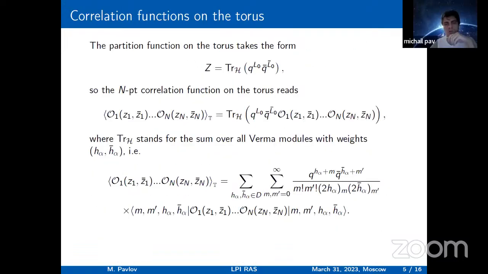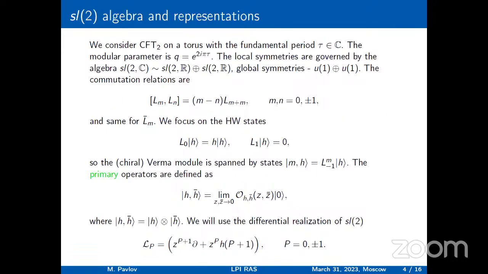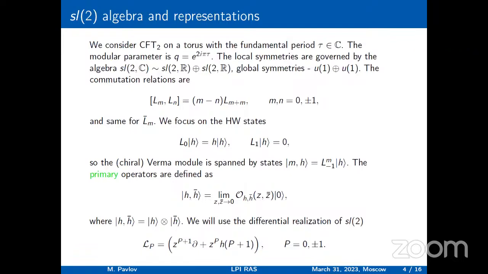But as far as I could understand, you consider only the SL2 subalgebra. So it means that you have an infinite number of conformal fields with respect to this subalgebra, but a finite number with respect to the total Virasoro algebra. Is it right?